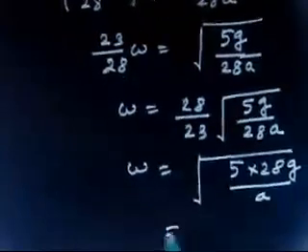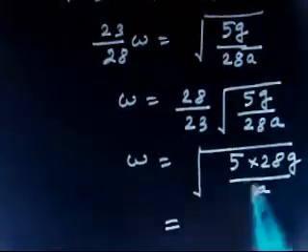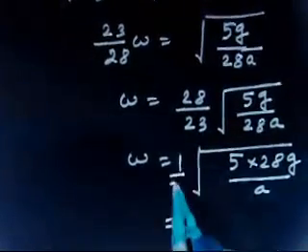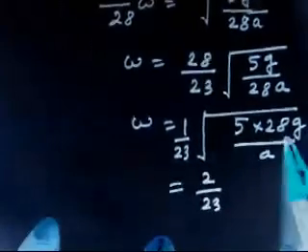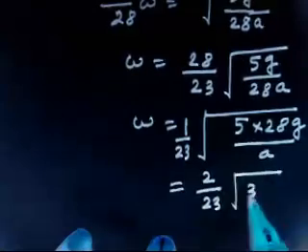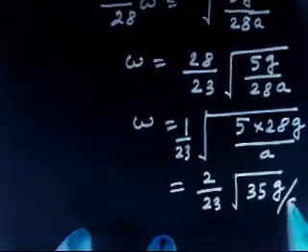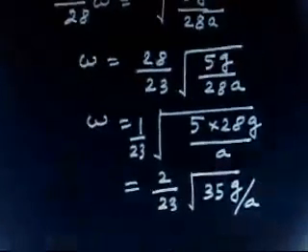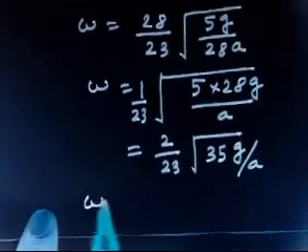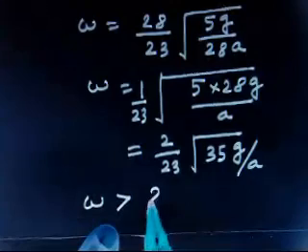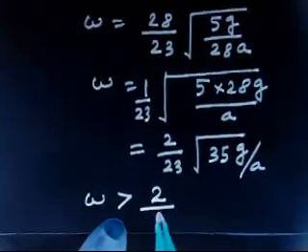If you take 2 common, and there will be 23 also. So 2 by 23 under root 35g by a. You do your own calculation, you will get this result. So this is the omega minimum. So this means if omega is greater than this value, the sphere can surmount the step.